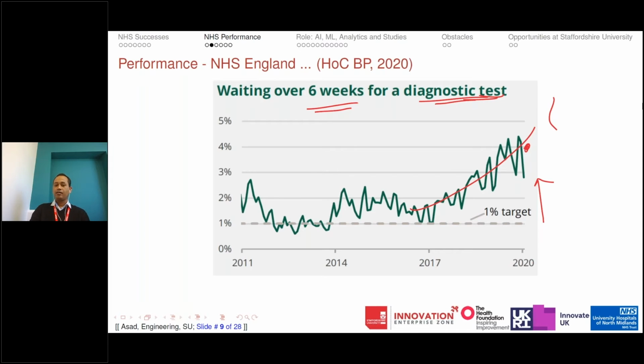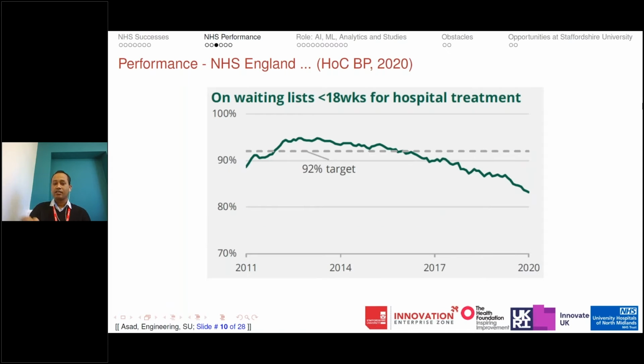Similarly, for elective patients in hospitals, the target was that elective surgery should happen within less than 18 weeks, and the government's target is to provide the care within 18 weeks for over 92% of patients.